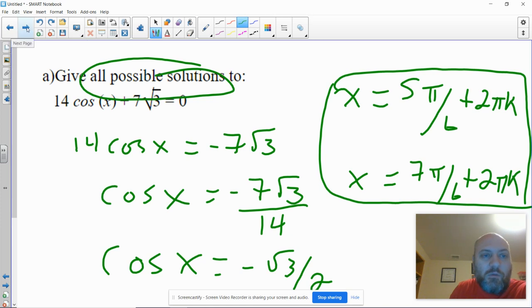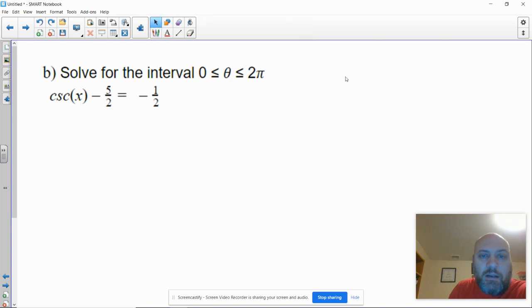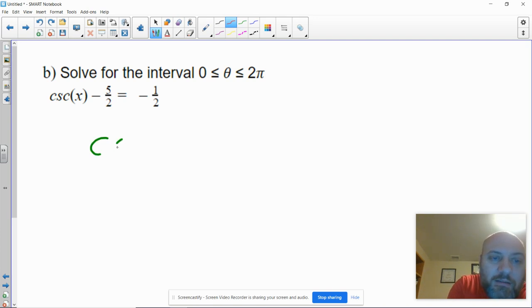Let's take a look at the second one. So here we have cosecant minus 5/2 equals negative 1/2. Again, I've got to do my algebra first to isolate the cosecant, so I'm going to add 5/2 to both sides.